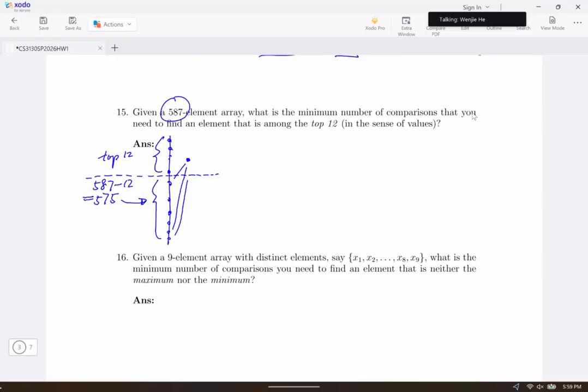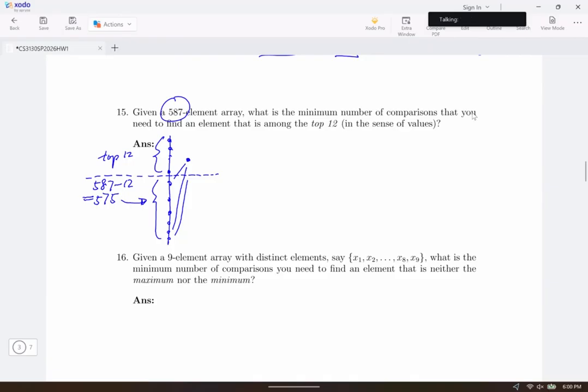So next question: how to use the minimum number of comparisons to determine one element that is greater than at least 575 elements? Based on this understanding, we change our goal a little bit. We make our goal more specific.